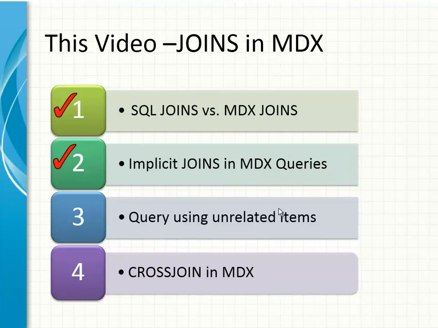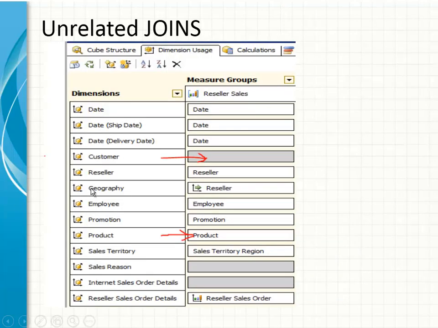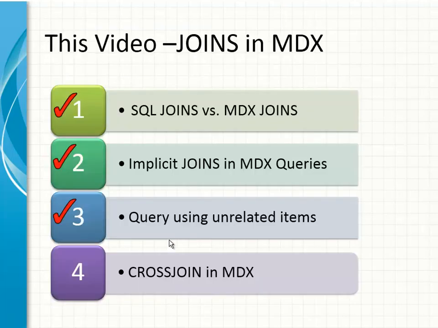So what we saw is a query using unrelated joins, and what the effect is when a query uses unrelated items: the data produced is bad data. This is just to show that reseller sales is not related to the customer and it is related to the product. Now the last item in this one is the cross joins.